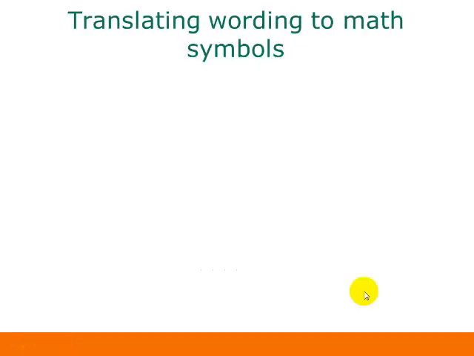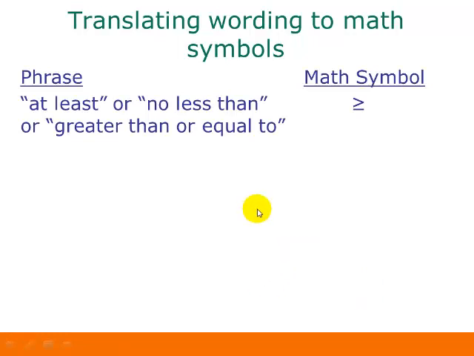Now, when we're dealing with discrete probabilities, which binomial probabilities are one specific type of, it's very important how we translate the wording of problems into math symbols. Some phrases that you're going to run into are at least, no less than, or greater than or equal to.